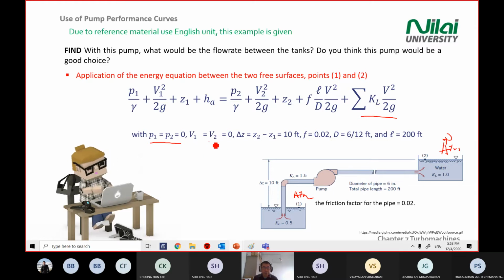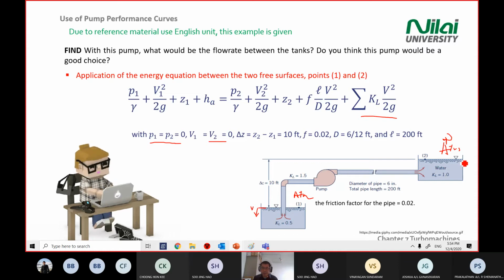Velocity at 1 and 2 equal to 0 because we have an open surface with a big tank. Because it's big, the drop of the surface at point 1 is very, very small.